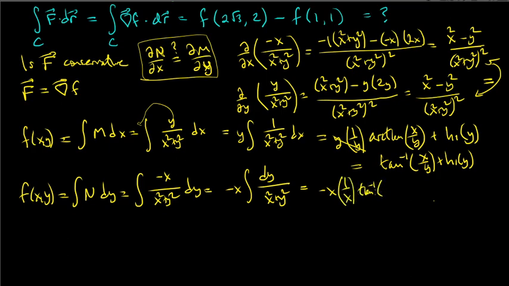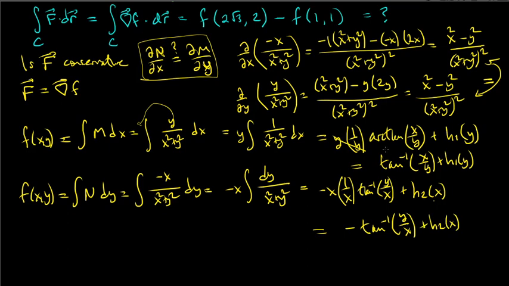Remember, y is the integral here, so I think we're going to get y over x now, plus some function of x. So when we simplify this, we get negative arctangent of y over x, plus h2 of x.